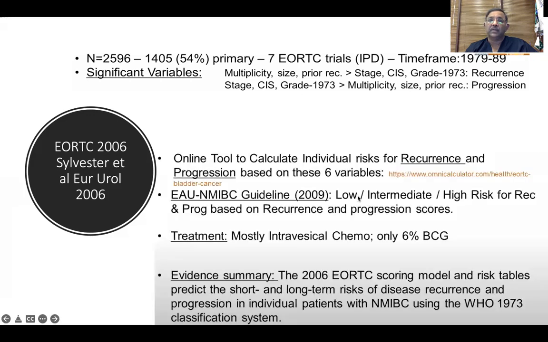The important factors which were described, and they were categorized into potential for recurrence and potential for progression, were in this calculator. Patients were stratified into low, intermediate, and high risk based upon those prognostic markers. The majority of the patients were treated with intravesical chemotherapy because BCG was not very well established at that time, and only 6% of patients had BCG treatment. The 1973 grading system was used.